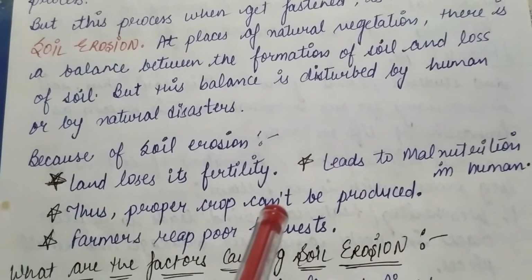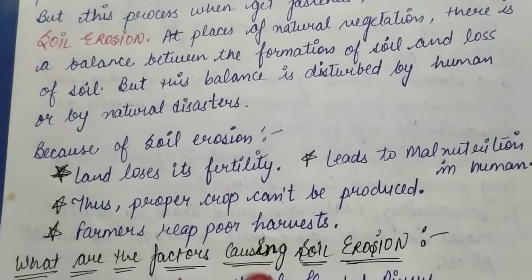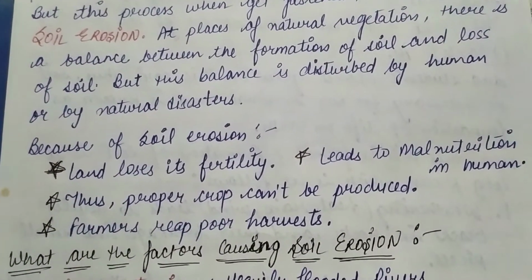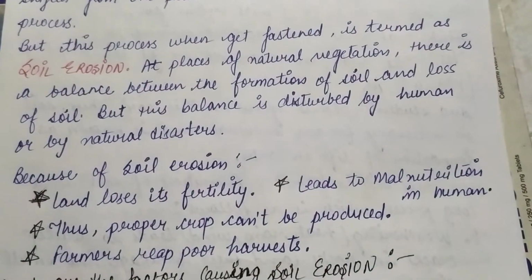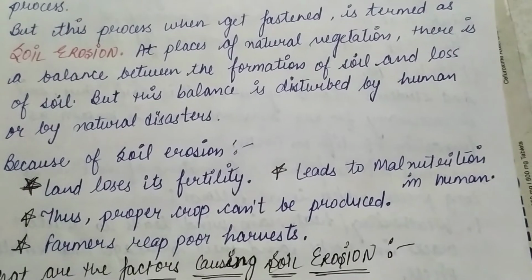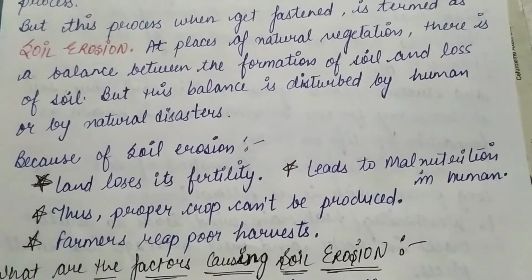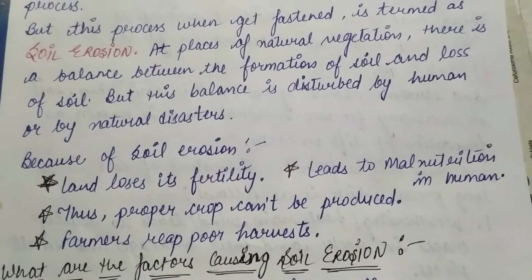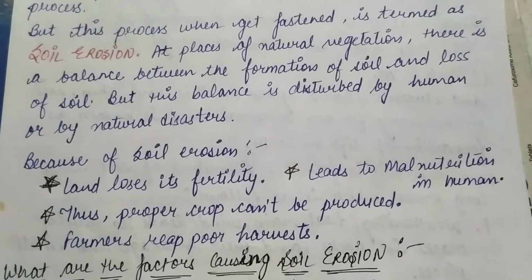If proper crops are not produced, then farmers reap poor harvests, which ultimately leads to malnutrition in human beings because we only eat that crop and it doesn't contain proper minerals. So, directly or indirectly, soil erosion affects us.